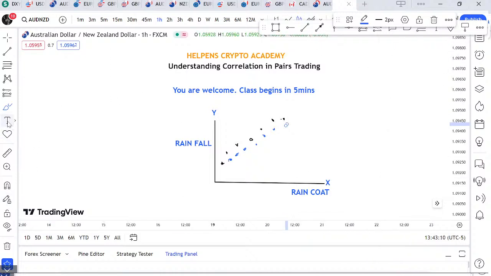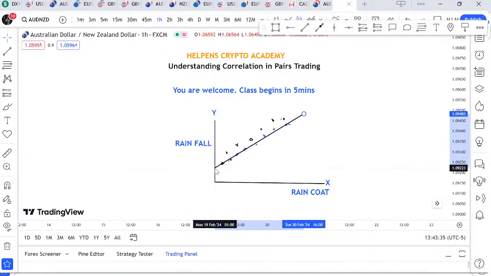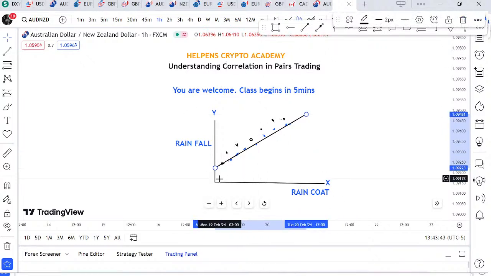If we are plotting the graph of this relationship, I want to make sure that they touch each other. We want to know how many touches we have.